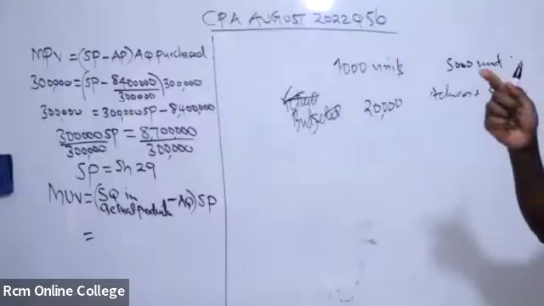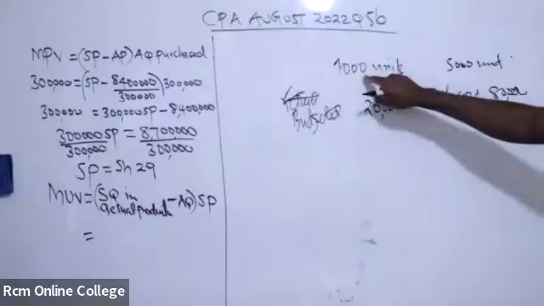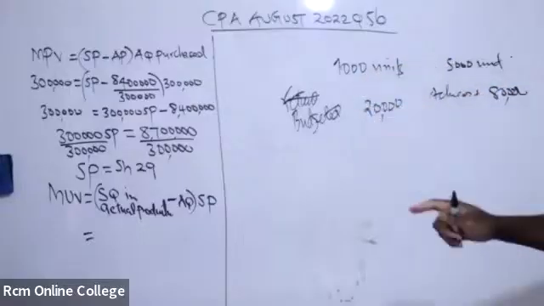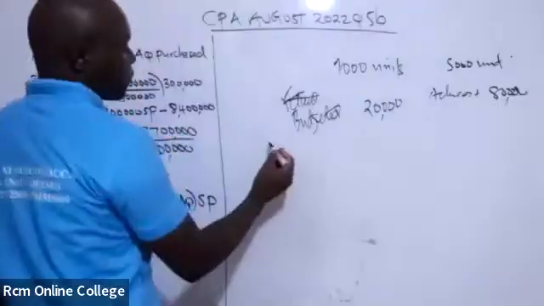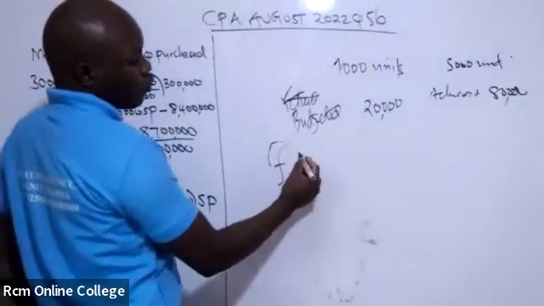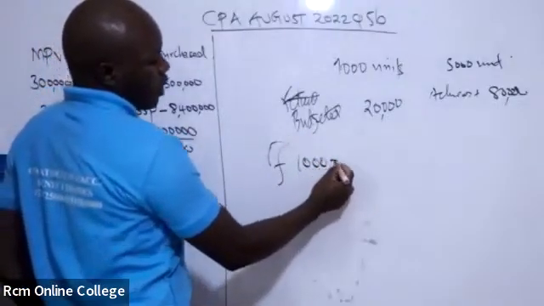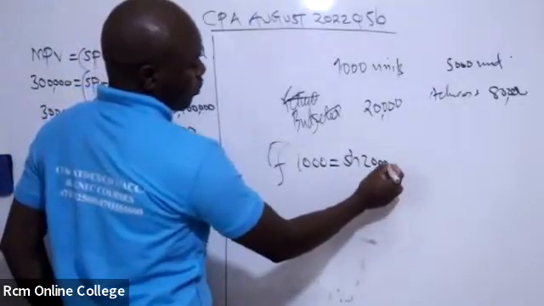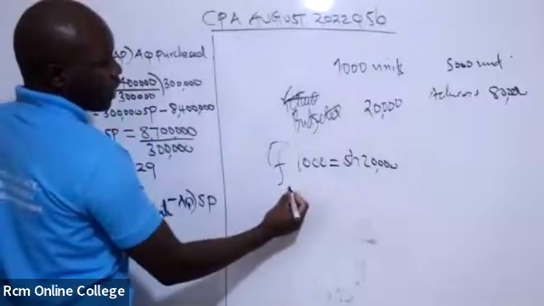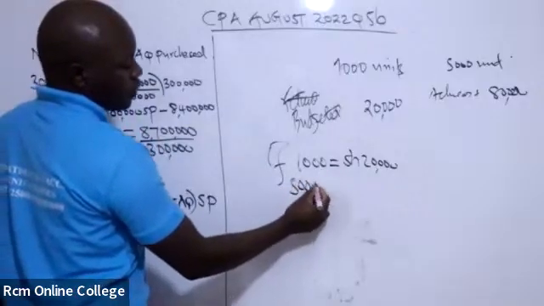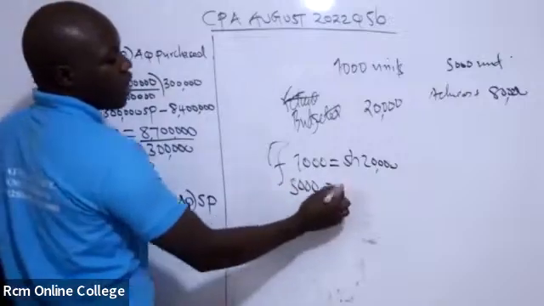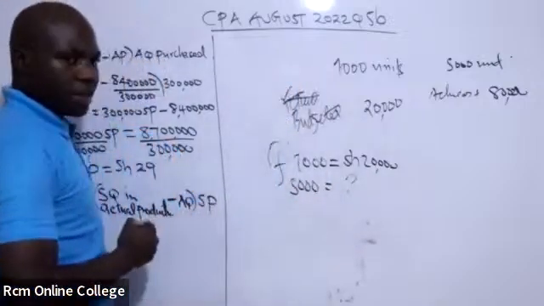We cannot do comparison when we have difference in quantity. We must equate the unit. So we come here and ask: if my budget was to produce 1,000 units and I was to utilize 20,000 shillings, and my actual production is 5,000 units, if my budget was to be for 5,000 units, how much would have been my budgeted cost?